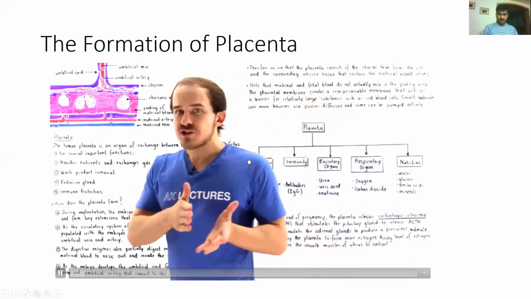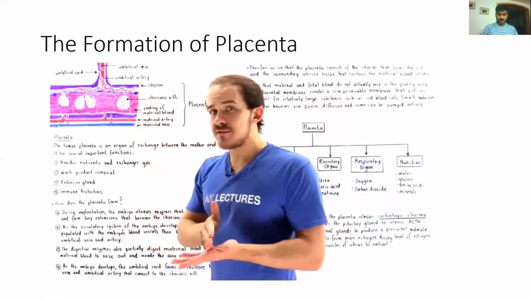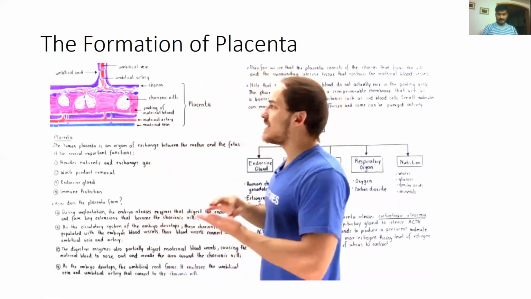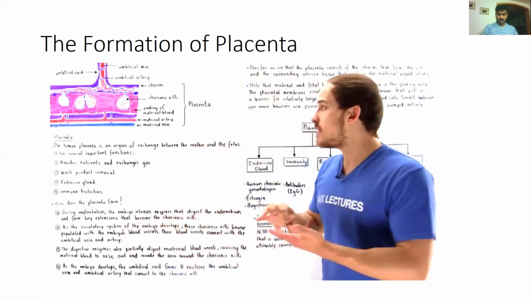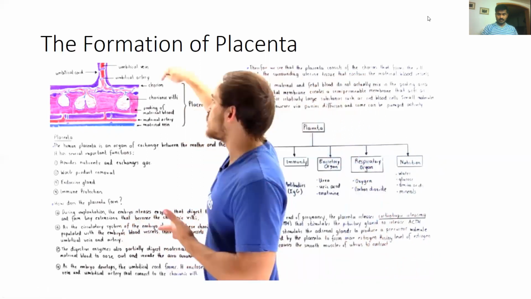Now, once those digestive enzymes begin to break down the endometrium, the connective tissue, they also actually break down the vascular tissue. And that means those digestive enzymes released by the chorion eventually break down the maternal blood vessels found within the endometrium. And as soon as we rupture these blood vessels, the blood of the mother actually oozes out and leaks out into the endometrium, into the area surrounding these chorionic villi.